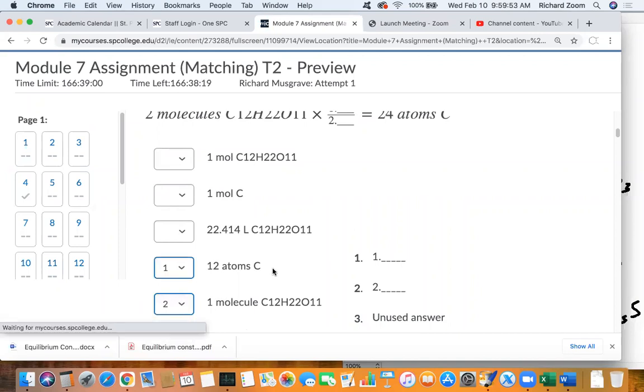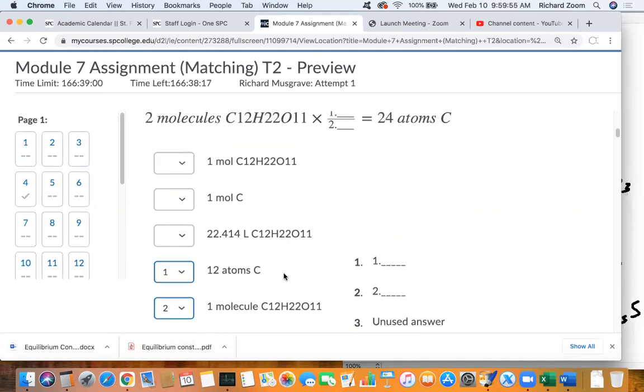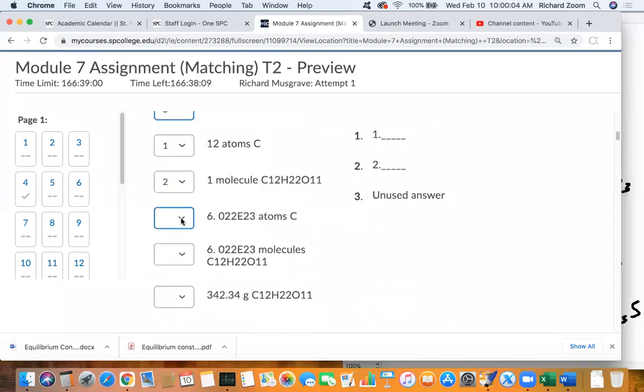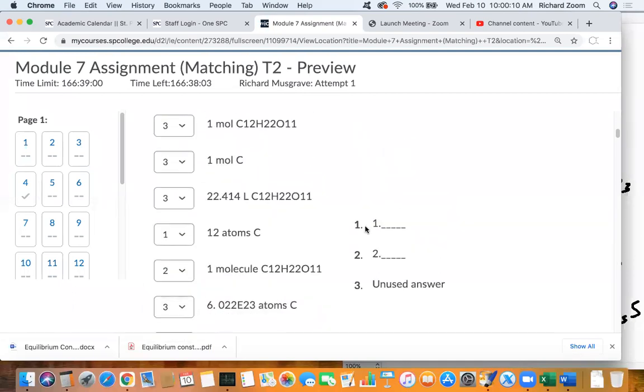So that'll go on the bottom. The rest of them are unused answers, and you do have to put the 3 in each of the ones you don't use. You can't just leave them blank. And that would be the complete answer there.